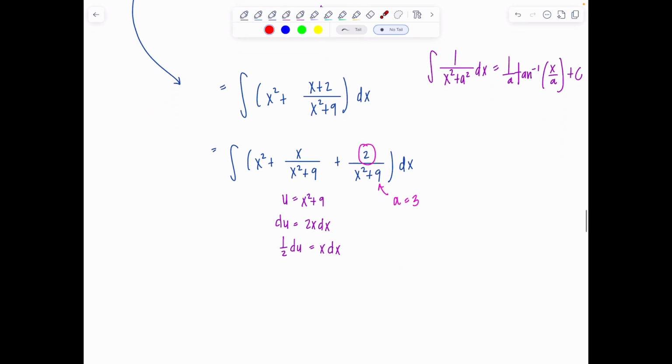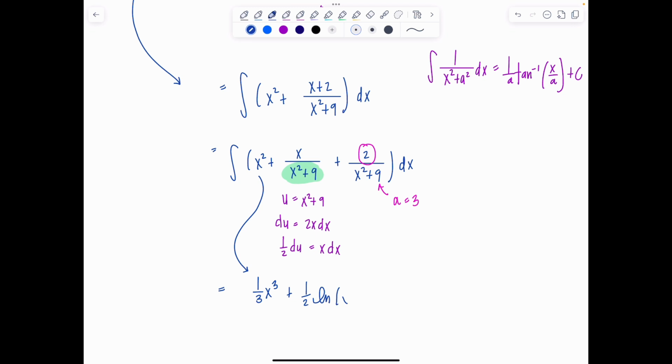Okay, so I think we're ready to put it all together, right? Antiderivative of x squared, 1/3 x cubed, plus, this is going to be 1/2 ln the denominator, and I don't need to put absolute value because x squared plus 9 is not going to be negative, plus, so normally you would have 1/3 tan inverse x over 3, but I'm going to have 2/3 tan inverse x over 3 plus c, and then box it with pride.